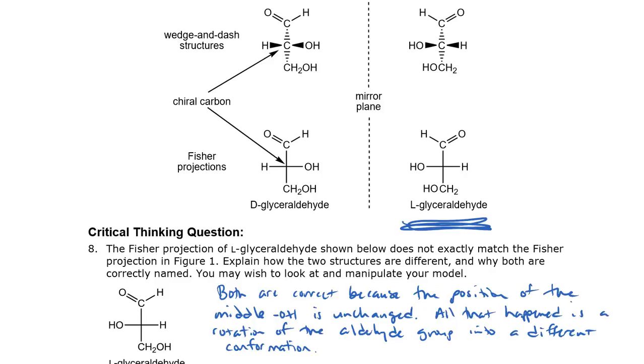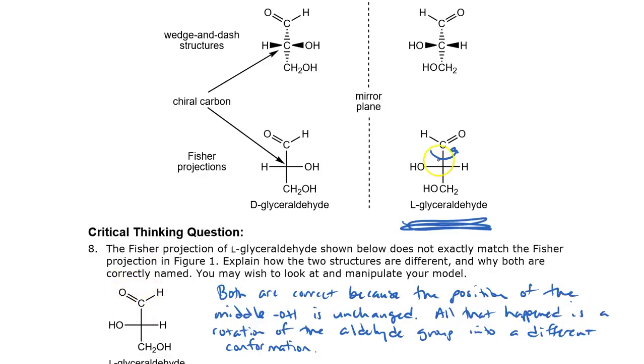Okay, so it says explain how they're different. I actually did that second. All that happened is a rotation of the aldehyde group into a different conformation. Here's the aldehyde group. And if you imagine rotating around this single bond so that the hydrogen rotates towards the back, the oxygen rotates toward the front, and then you keep on going so that the oxygen rotates over to the left and the hydrogen on the right, then you get it into this conformation.